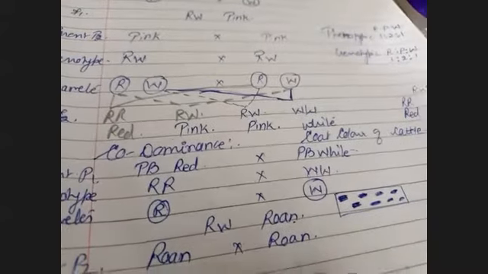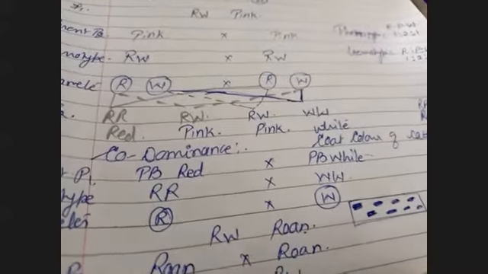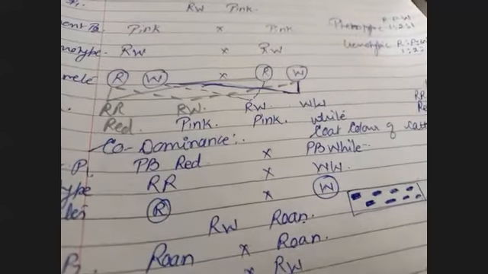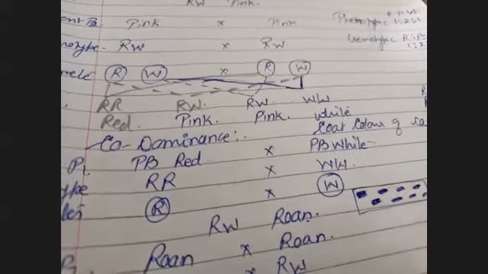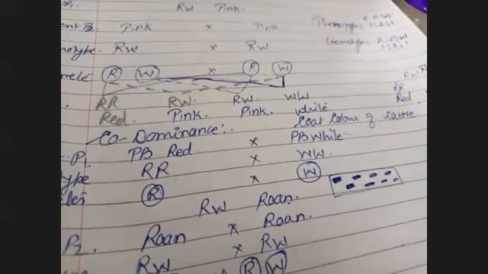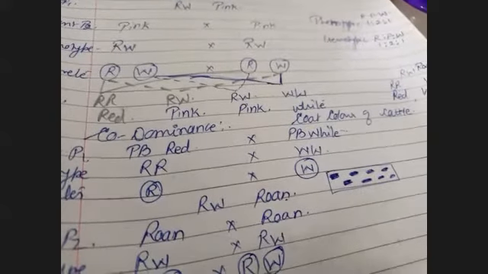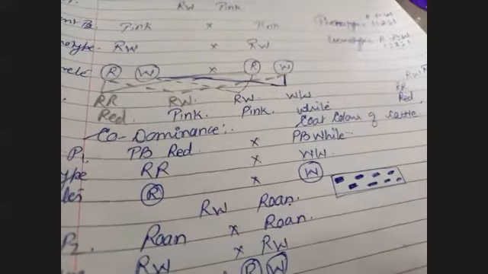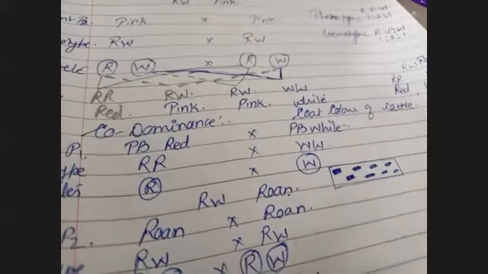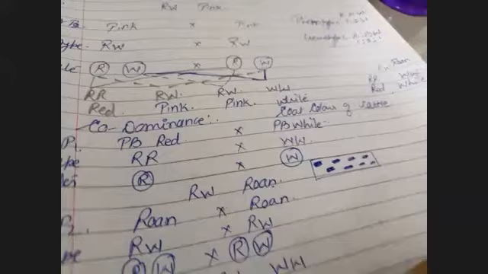Genotype, gametes. One combination is this, second combination is this, third combination is this, fourth combination is this. So this will be red, these two are roan, and this will be white.